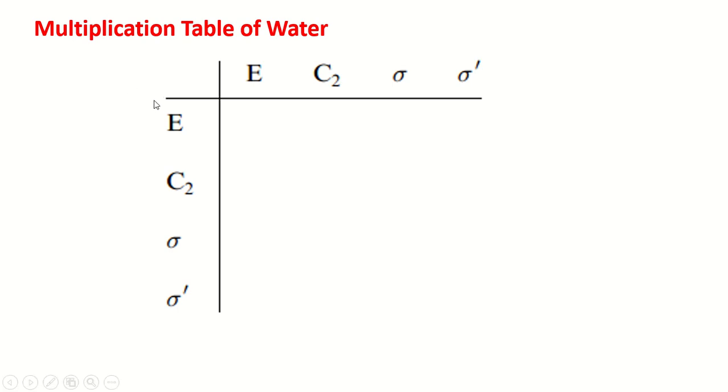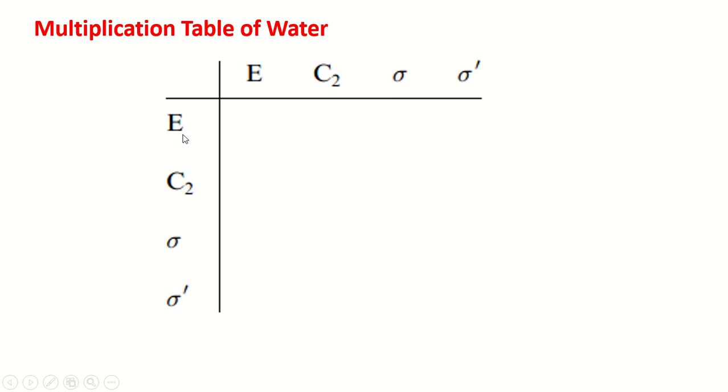The same symmetry operations and elements are written in the form of a column, here E, C2, sigma and sigma dash. Now we are able to combine all the symmetry elements and operations present in the column with those present in the row.